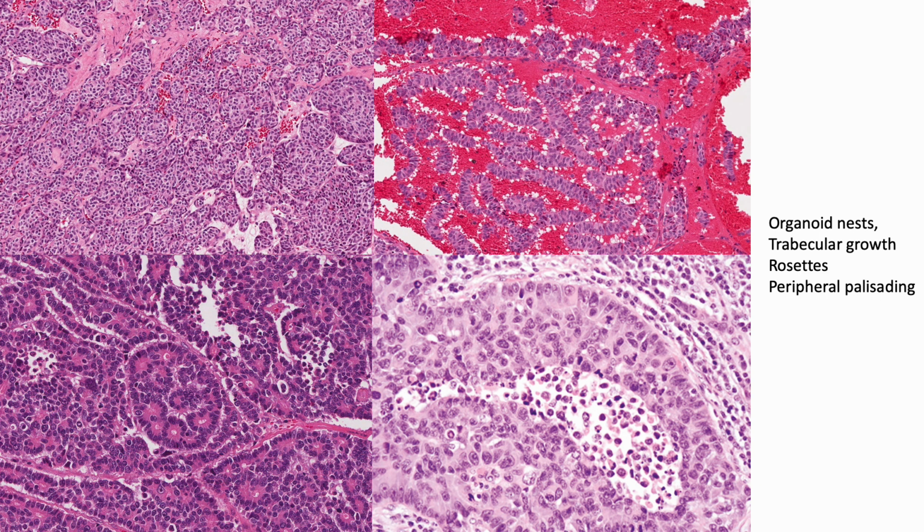However, cytologic features can vary, particularly in large cell neuroendocrine carcinomas, where prominent nucleoli are often seen. Therefore, in routine diagnostic practice, when we refer to neuroendocrine morphology, we are primarily referencing these four architectural patterns: organoid nesting, trabecular growth, rosette formation, and peripheral palisading.